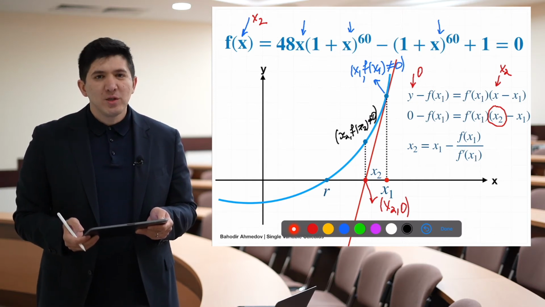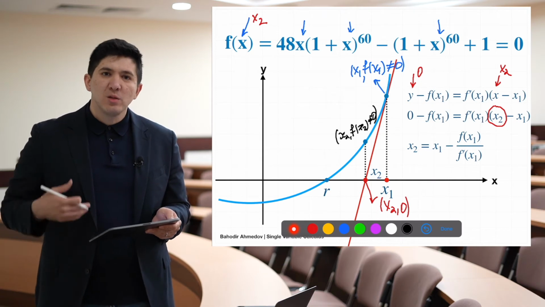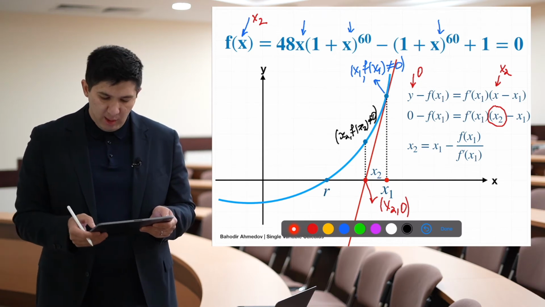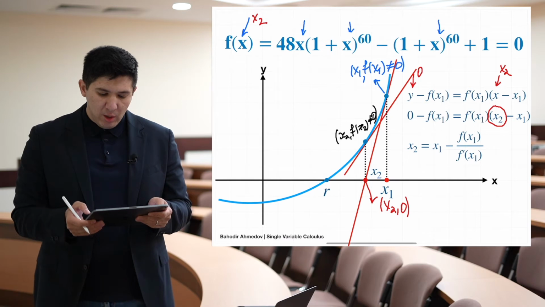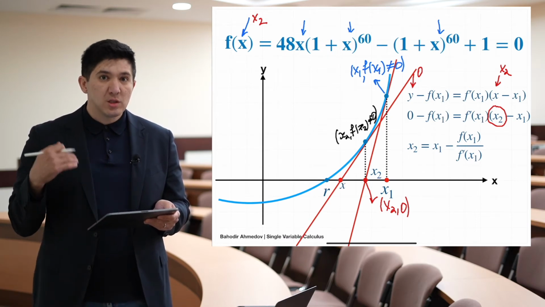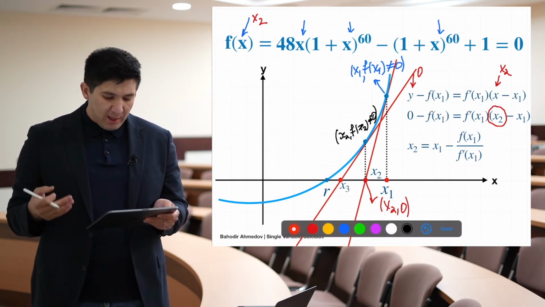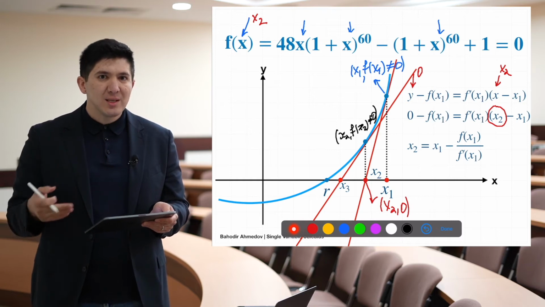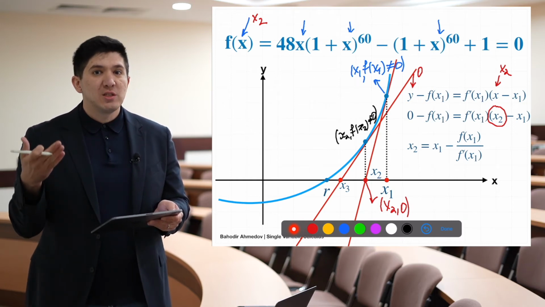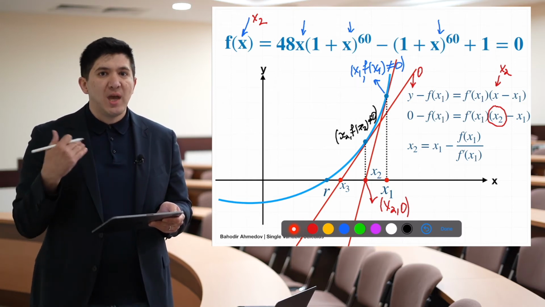Neither. So what I'm going to do is this iteration one more time. I'm going to create again the tangent line to this curve at this point. Then I'm going to take x3 as the intersection of this new tangent line with the x-axis.